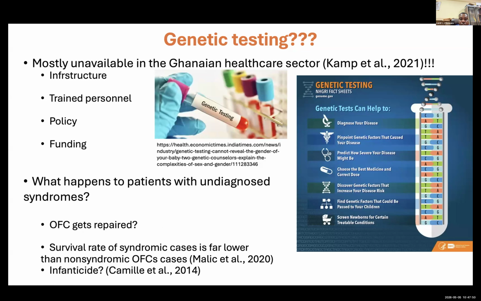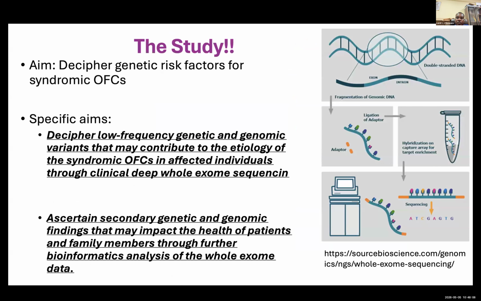We also know from the literature that the survival rate of syndromic cases is lower. And it's reported that infanticide could be very high whenever there are such defects. All these are reasons why it's difficult to manage such conditions.